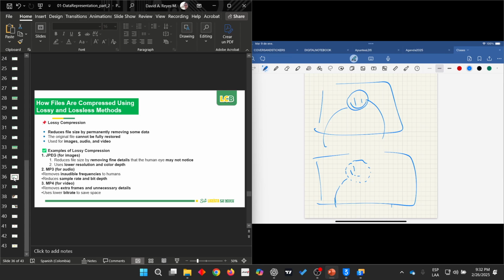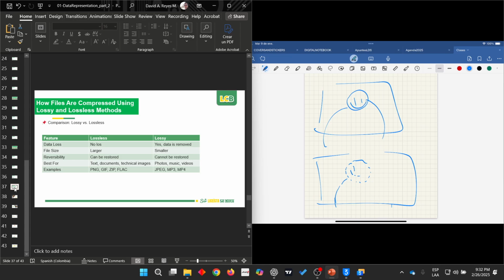That is lossy compression, and it is used for JPEG images, for MP3 audio, and for MP4 videos. So, lossless, you don't lose quality. Lossy, you lose a lot of quality in the files that you are sending. That is just the summary, and that is just what you need to know about this.